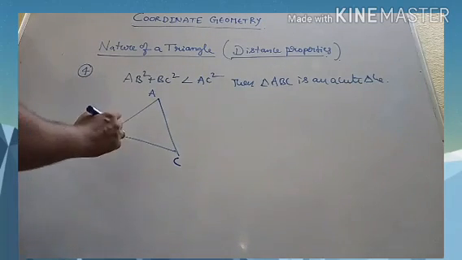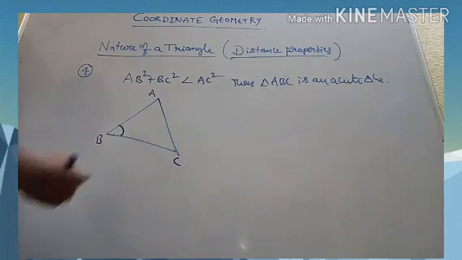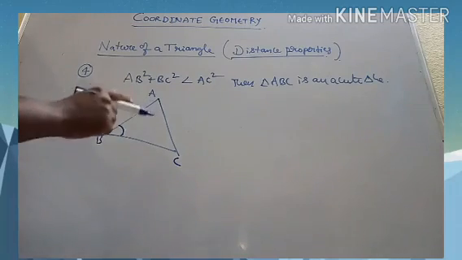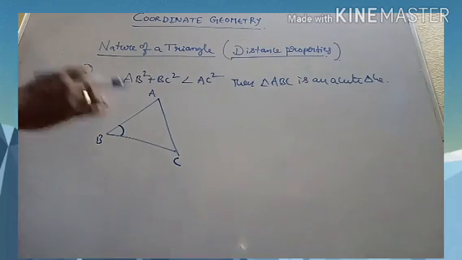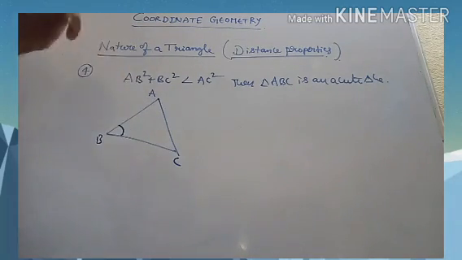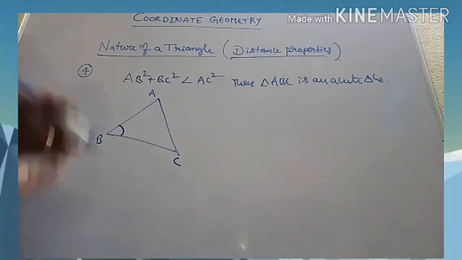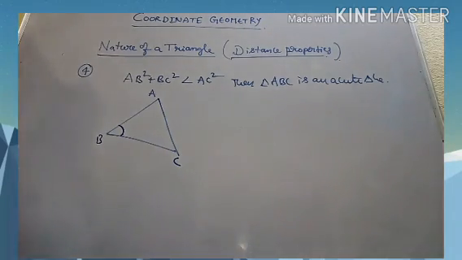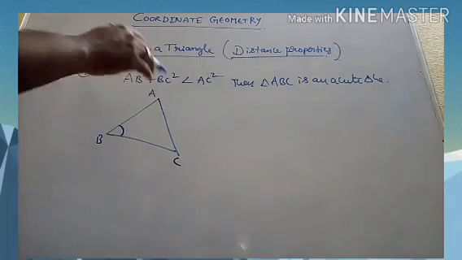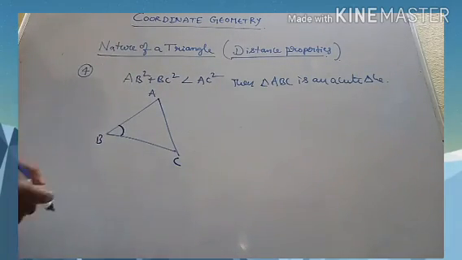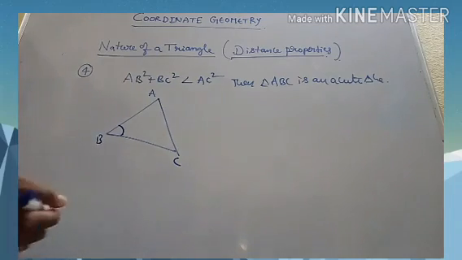Here angle B is an acute angle. That means if the sum of the squares of two sides is less than the square of the third side, then you can say that triangle ABC is an acute angle triangle.